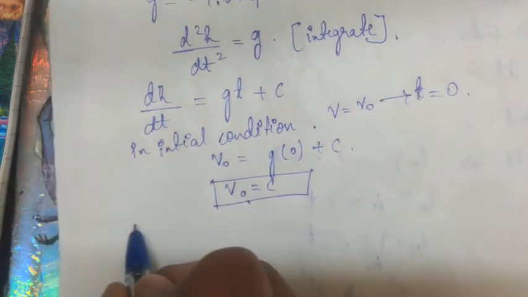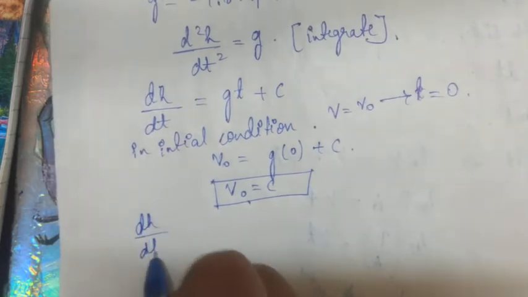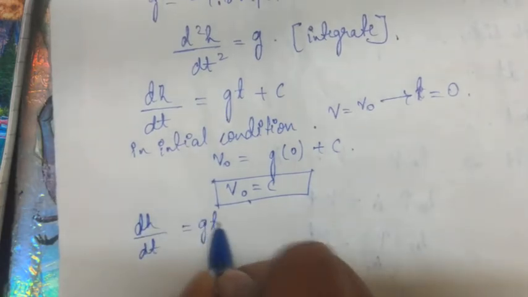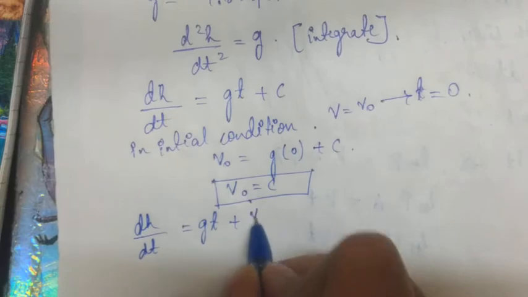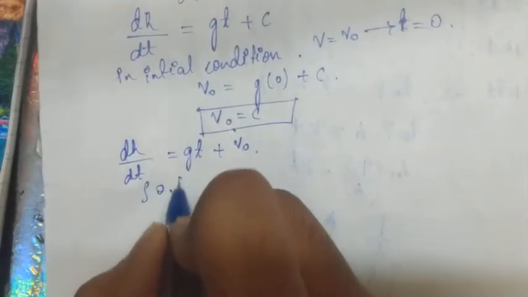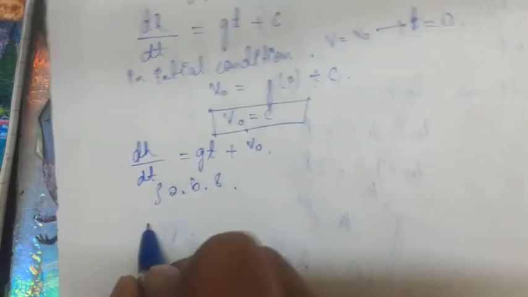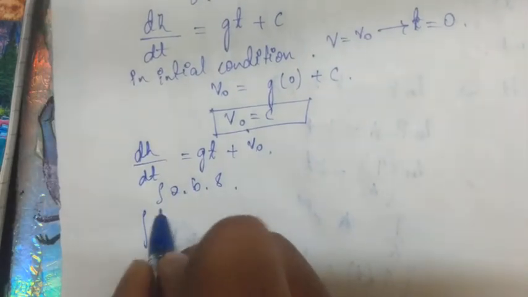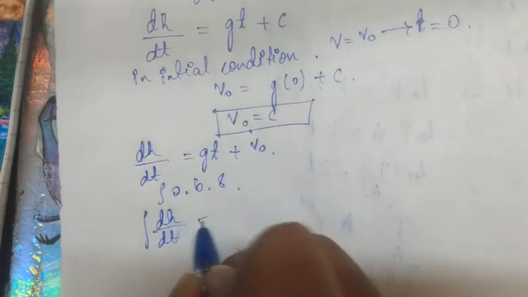If we take the equation, that is dh by dt is equal to gt plus v naught, and integrate on both sides, we get h of t.